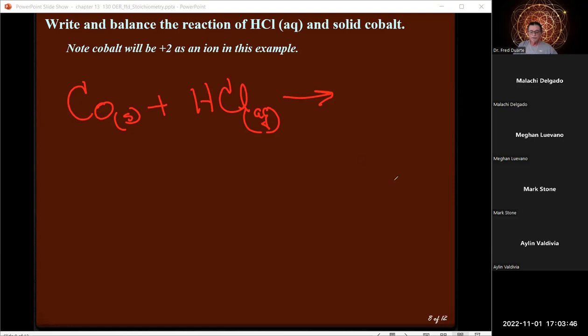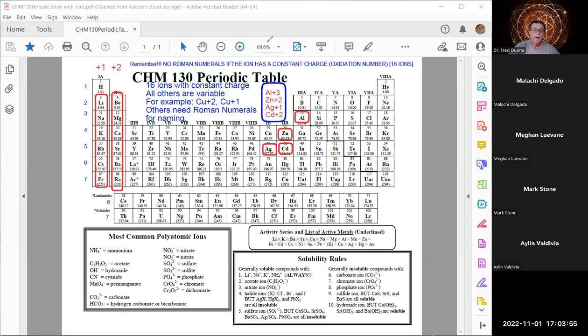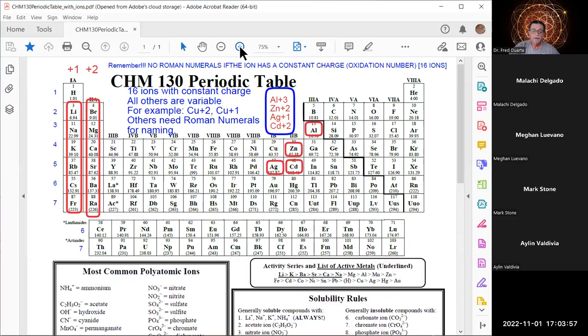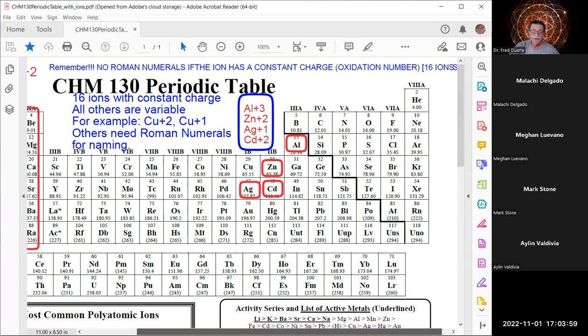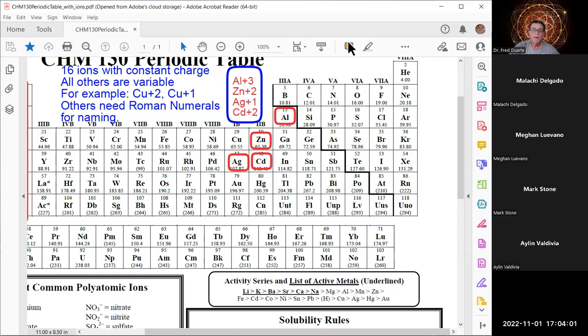And so if you look at the activity series, right there, you see right here, H. The ionic form of H is H+, or the molecular form is H2.